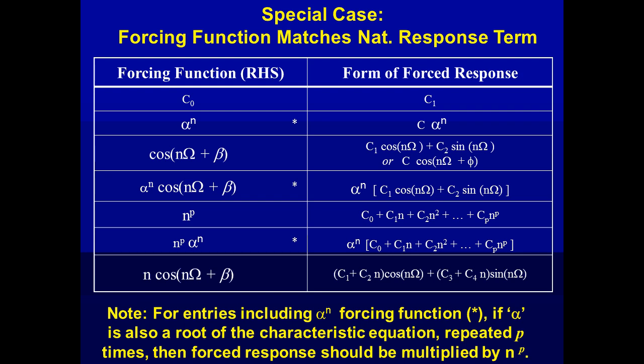If it happens to be a repeated root, which is our other special case, then our forced response will get multiplied by n raised to the power of the highest number of times that root repeats. Now, usually we're not dealing with a repeated root case. We're not dealing with both special cases at once, so usually it's just n to the first power. But there could be cases where you have both overlapping.